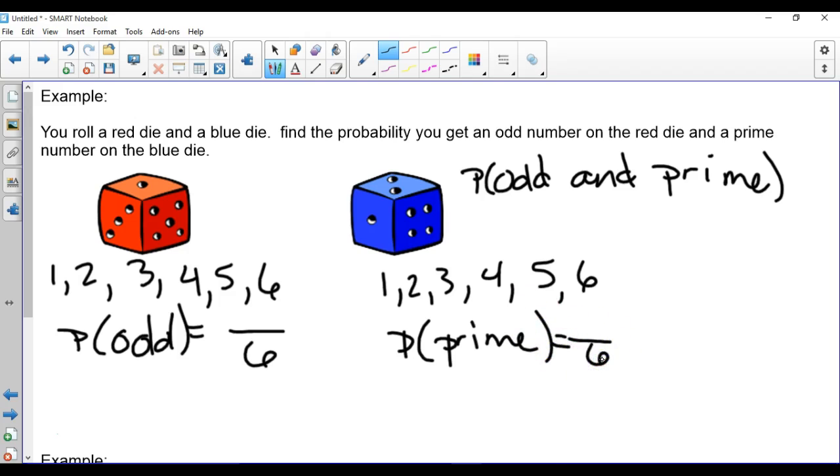So we'd put 6 on the bottom. Now, odd numbers are 1, 3, and 5. So there's 3 odd numbers to choose from. That's the top of our fraction. Prime numbers are 2, 3, and 5. Prime numbers are numbers that only multiply by 1 and the number itself. So there's also 3 prime numbers to choose from.